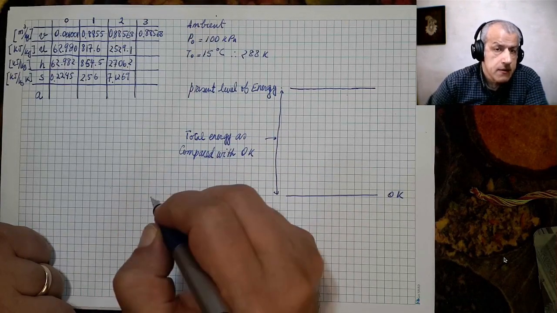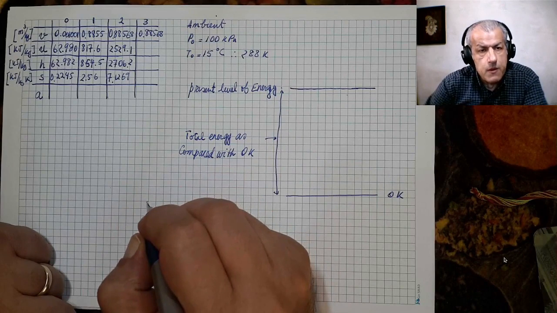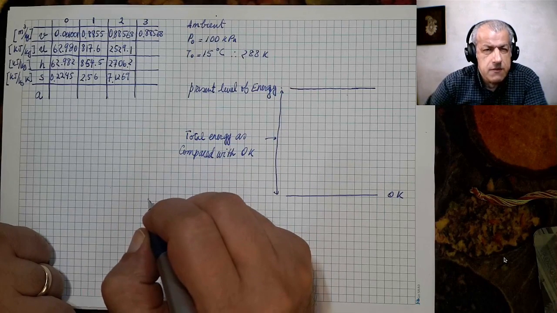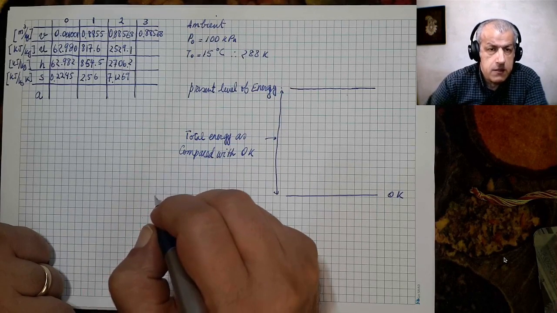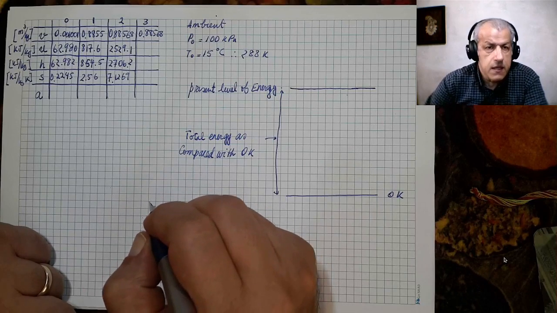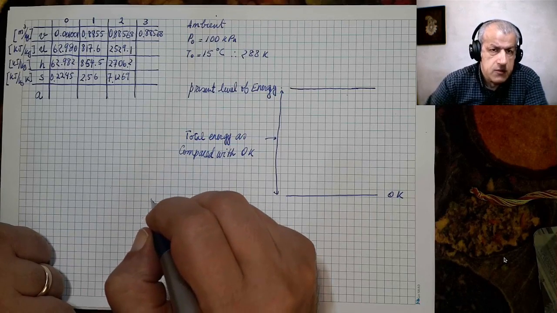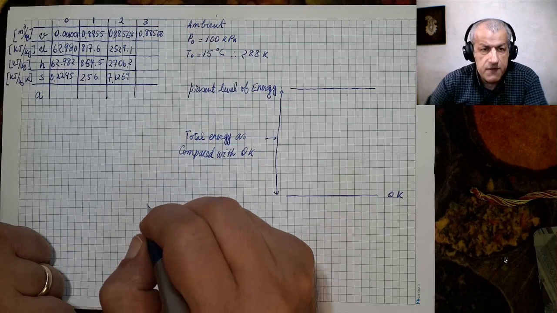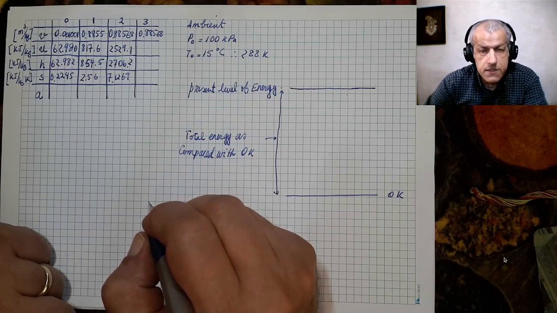But we don't have 0 Kelvin, and so you can't use this energy. If we define it this way, everything has energy, but it's not useful.